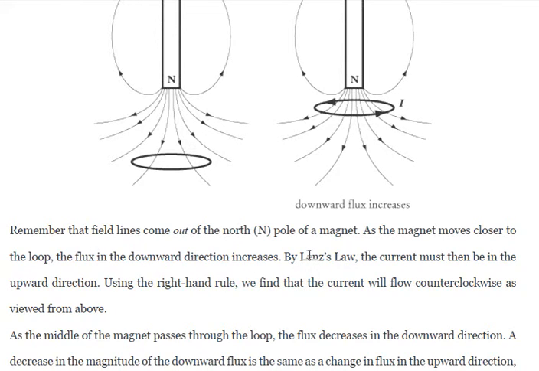By Lenz's law, the current has to create a magnetic field in the upward direction. Since our flux is getting more downward, more negative, we have to get an upward field to balance it out. If we use the right-hand rule, we can see that current would flow counterclockwise, as those arrows in the loop indicate.